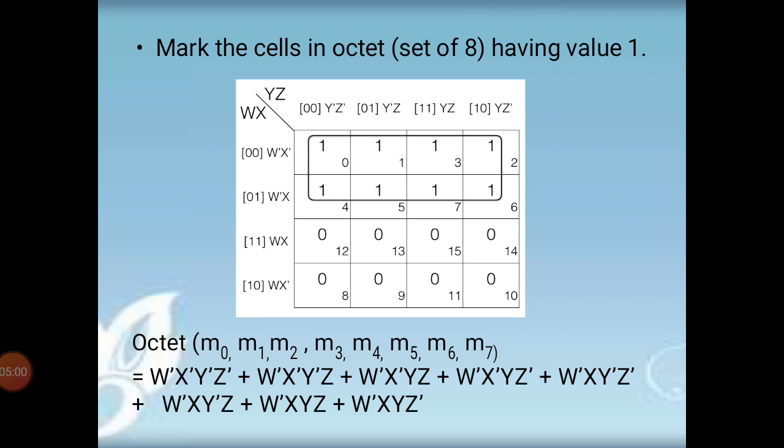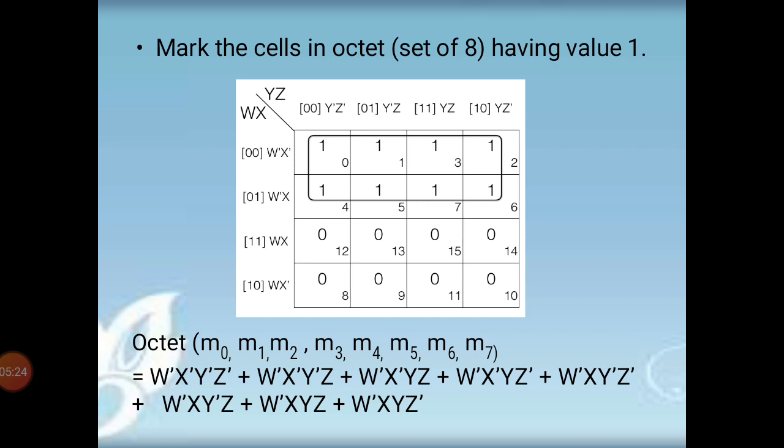It means set of 8. So here the octet is M0, M1, M2, M3, M4, M5, M6 and M7. We create a single octet in this K-map, and the min-term expression is also given on your screen.